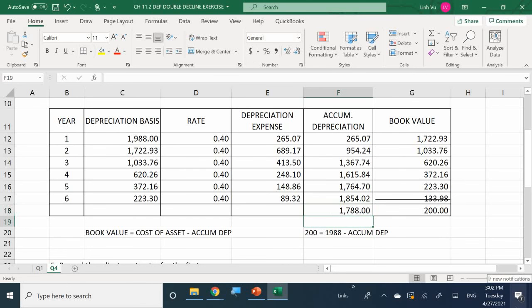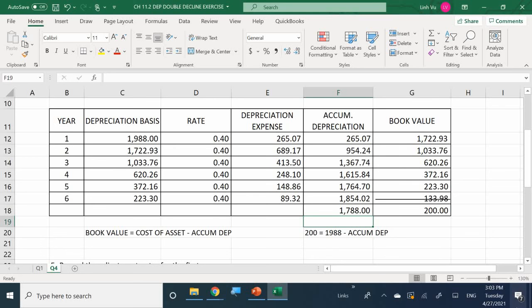Boom. Simple as that, because we're given two numbers. We know what the asset cost is, and we know what the book value is because we need it to equal 200. So we're working our way backwards now. Because I'm solving for this x, I know for a fact that I need to be at 200, and that the cost of the asset is 1988.